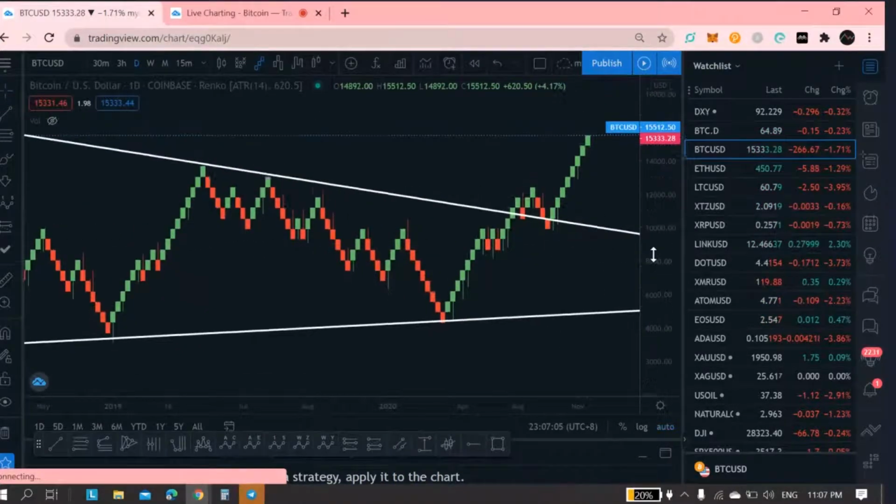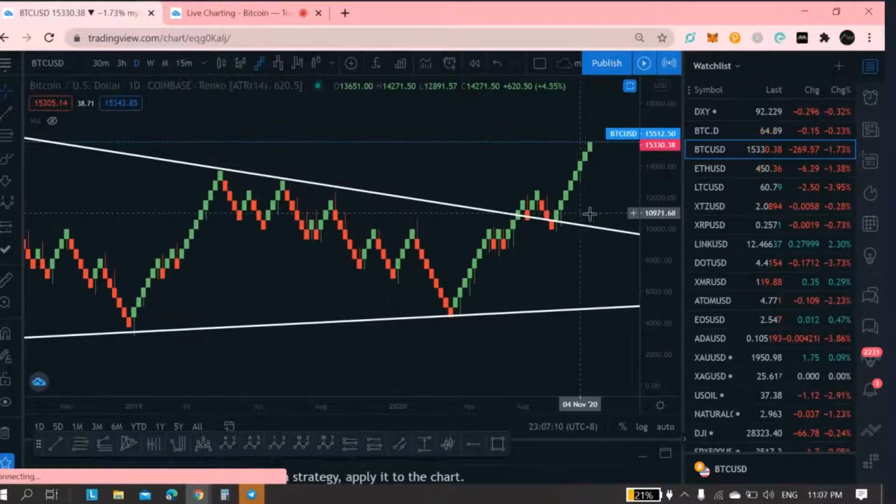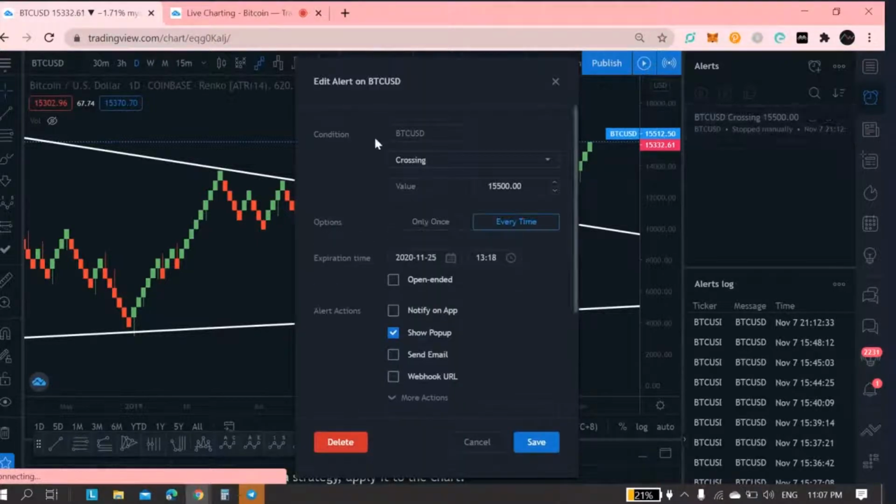That is 14,900. I put the 15,500 because that's the resistance, so I'm expecting it to move higher.